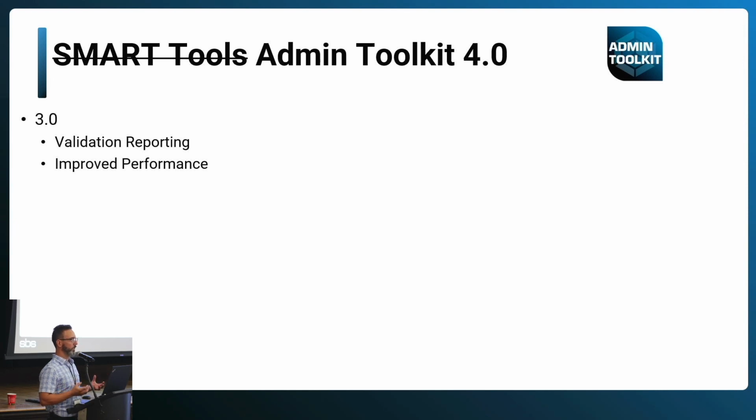And the validation helps you ensure that the data you've got in those spreadsheets is correct. So 3.0 introduced the ability to list out in a spreadsheet any mismatches or missing data you might have, to help ensure the integrity of that data before you build your template. So that was improved in 3.0, along with some drastically improved performance of the tool.